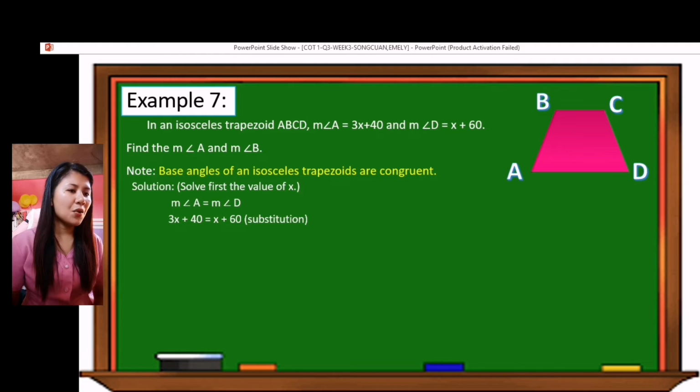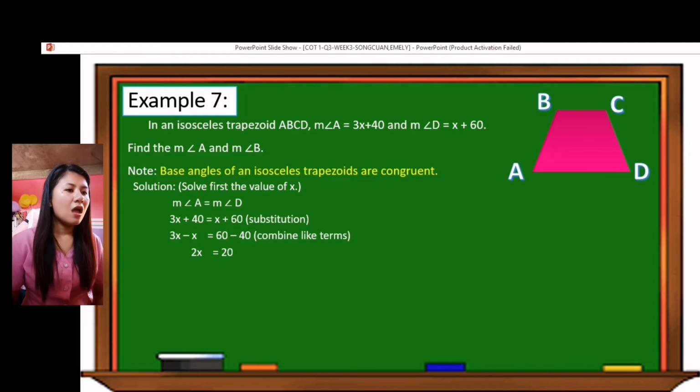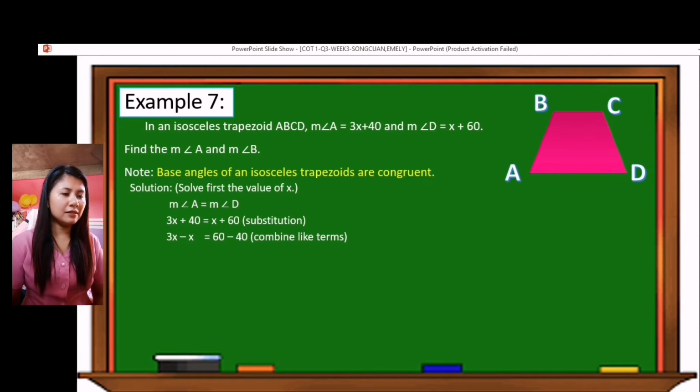Next step is combine like terms. Transpose positive x to the left side and that will become negative x, and transpose positive 40 to the right side and that will become negative 40. So next step is we're going to simplify the two sides of the equation.